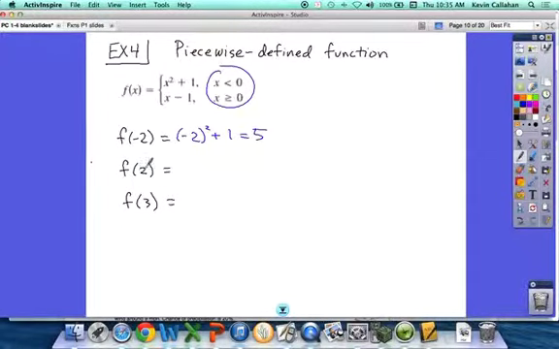So f of 2, 2 is greater than or equal to 0, so use this formula. How about f of 3? X minus 1, right? That's still up here, so we go 3 minus 1 equals 2. That's called a piecewise function.